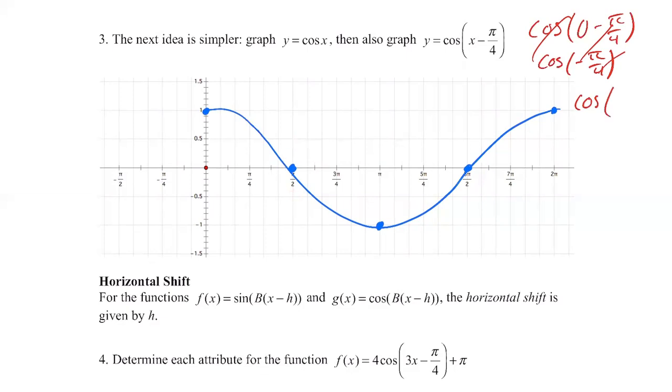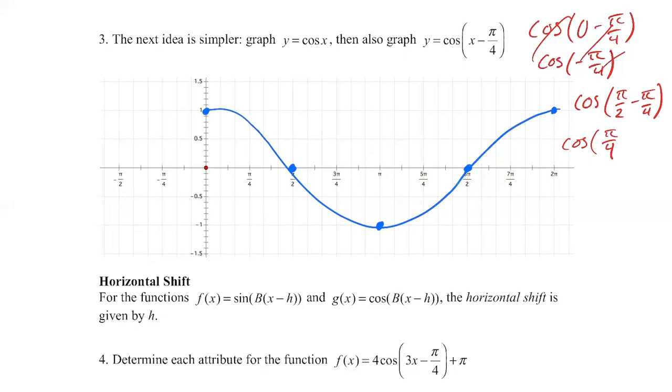So I'm going to do the cosine of pi over 2 minus pi over 4. Okay, so pi over 2 minus pi over 4, that gives me the cosine of pi over 4.